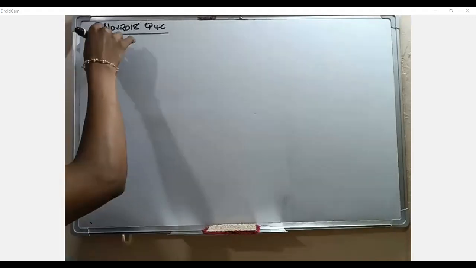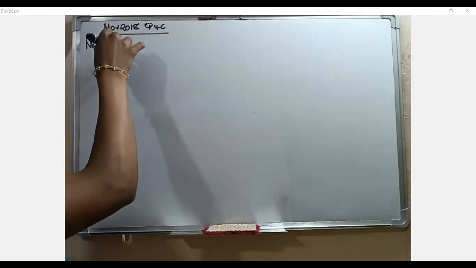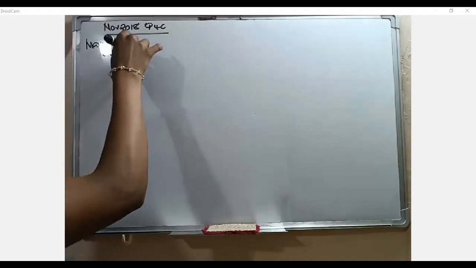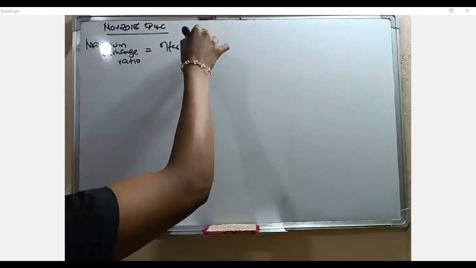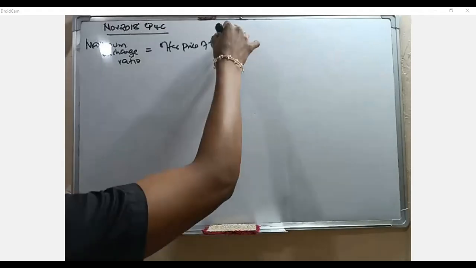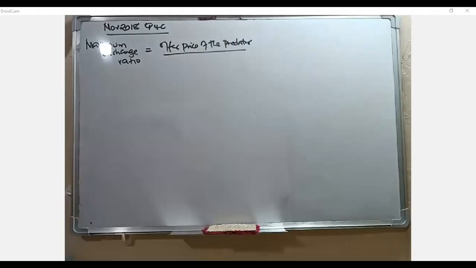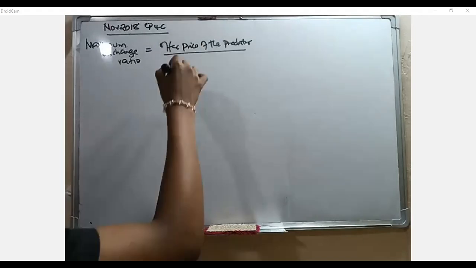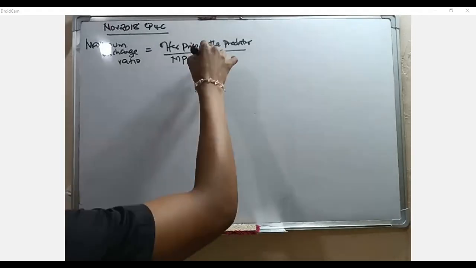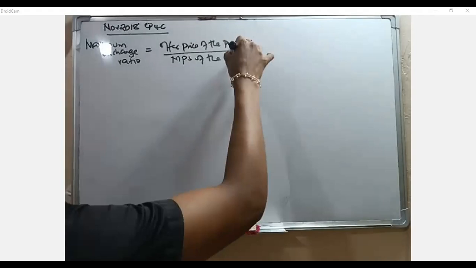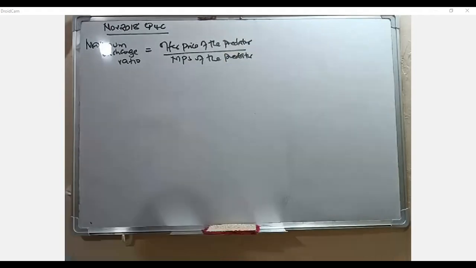So to get our maximum exchange ratio, we take the offer price of the predator and divide by the market price of the predator.